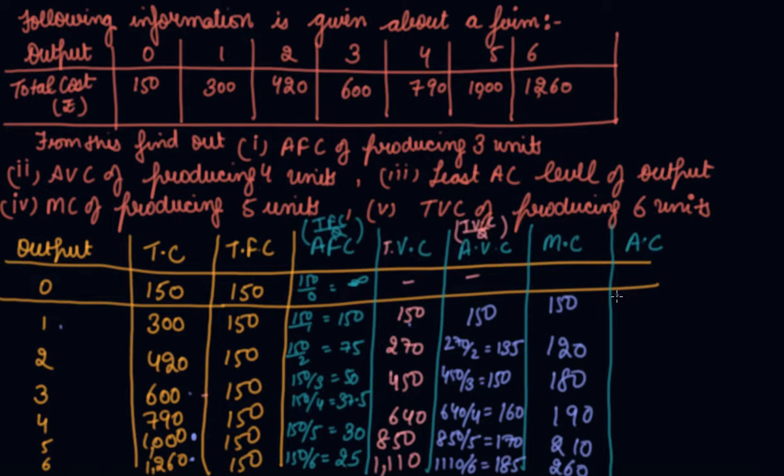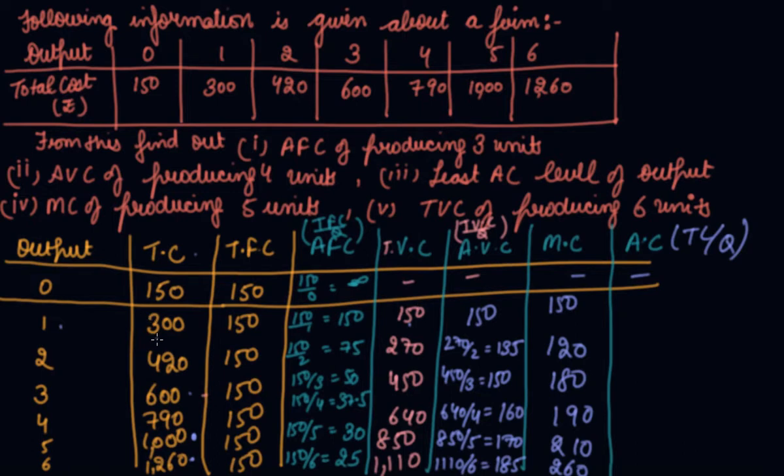Now your average cost. What is your average cost? Your total cost divided by your output. This will be infinity again.